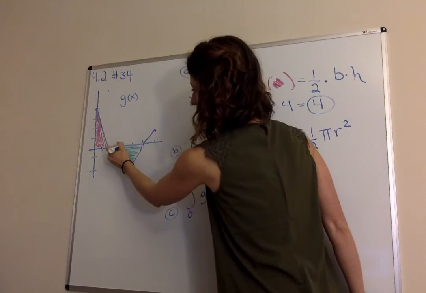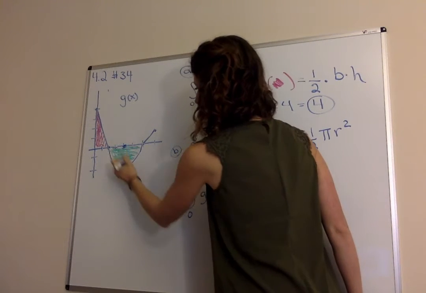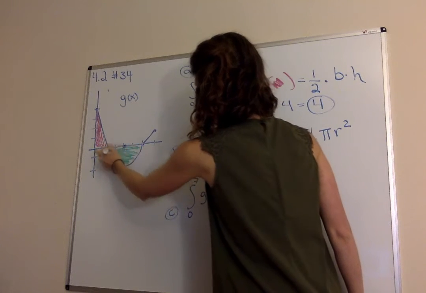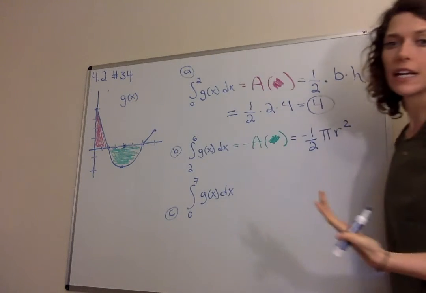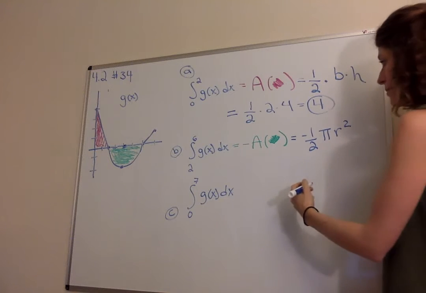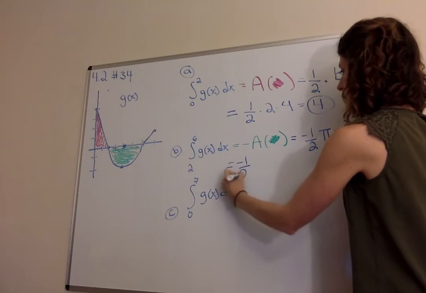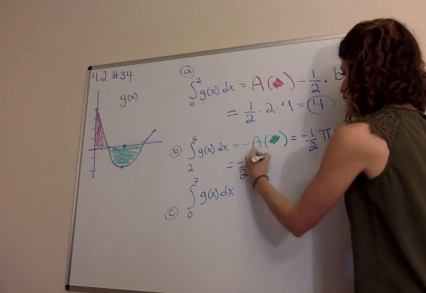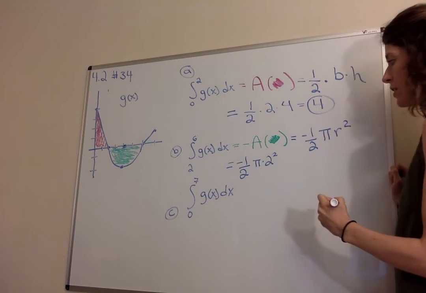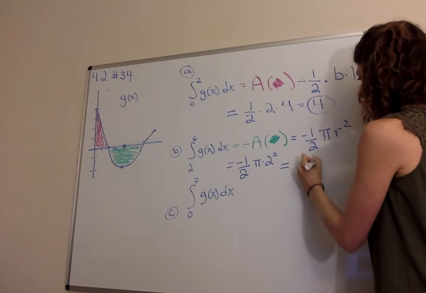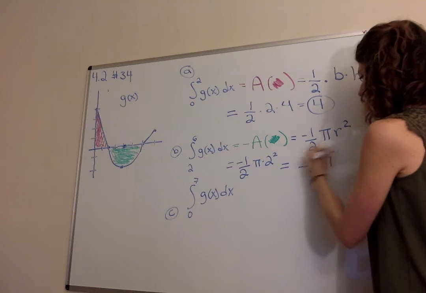This circle is centered here, and it goes down 2 and right 2 and left 2. So that means the radius is actually 2. So here I'm going to have negative 1/2 pi times 2 squared. That's going to be negative 2 pi as our result.